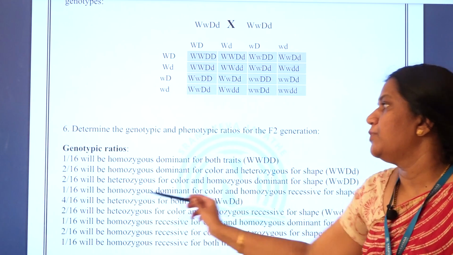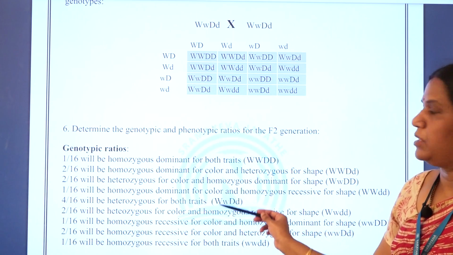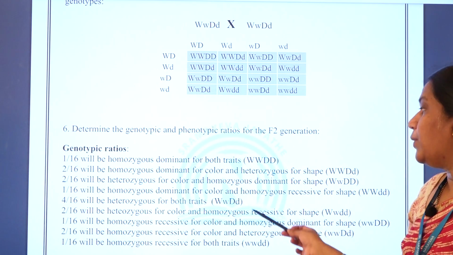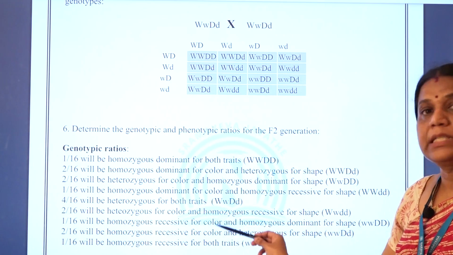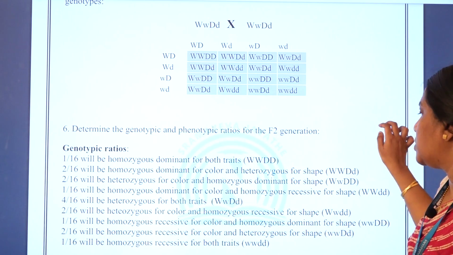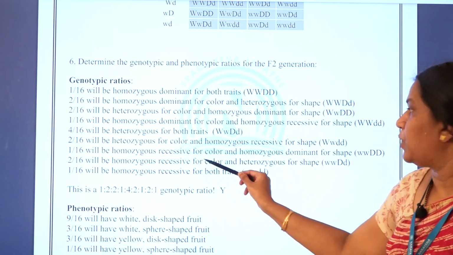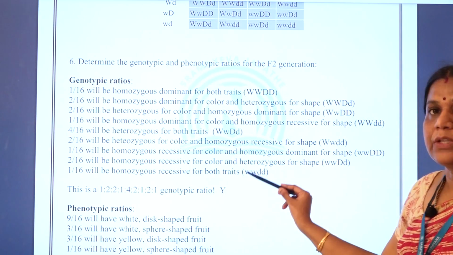Then 4/16 will be heterozygous for both traits. 2/16 will be heterozygous for color and homozygous recessive for shape. 1/16 will be homozygous recessive for color and homozygous dominant for shape. Then 2/16 will be homozygous recessive for color and heterozygous for shape. 1/16 will be homozygous recessive for both traits.